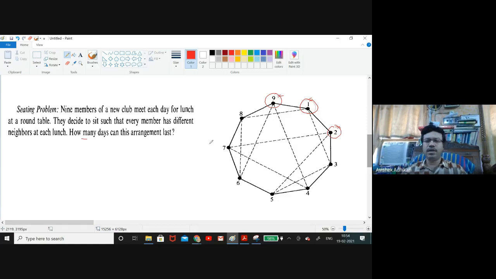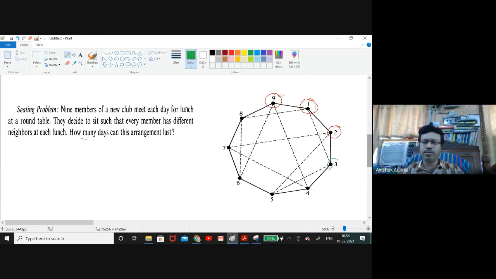Okay, if you look at it in a very simple way, then you can see that on day one, for the first member, 9 and 2 were the neighbors, and maybe for day two, 8 and 3 may be the neighbors, and so on.